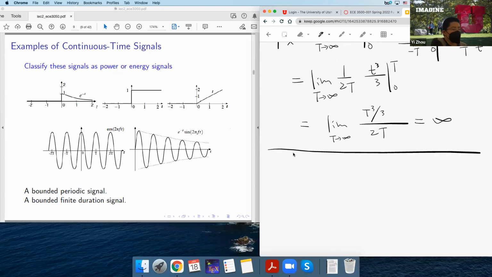Okay, now we have this fourth example, a cosine signal. Without any calculation, tell me, is the energy finite or infinite? It is a periodic signal.